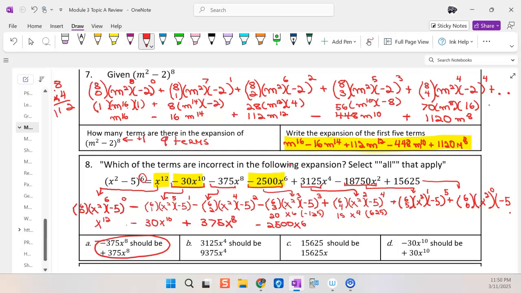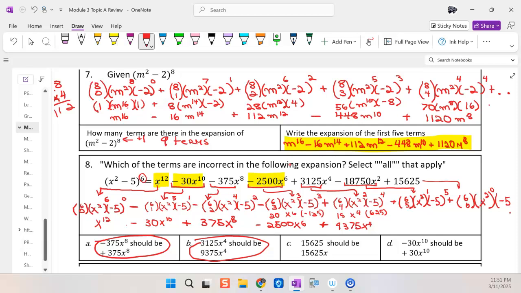So 15 times 625, that's 9,375 x to the 4th, and that is going to be plus. Okay, so there's another mistake. Right, and then let's see.